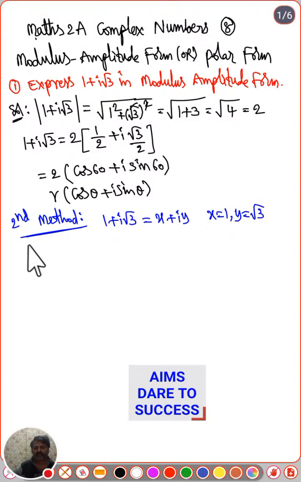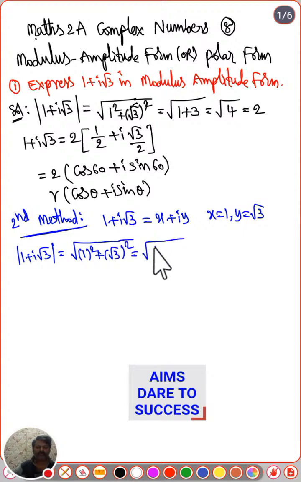Okay, now we will take modulus. Already we have completed it. So same way, modulus of 1 plus i root 3 is equal to root over 1 whole square plus root 3 whole square. 1 square is 1, plus square root and square cancel, 3. So root over 1 plus 3 is 4, root 4 is 2.